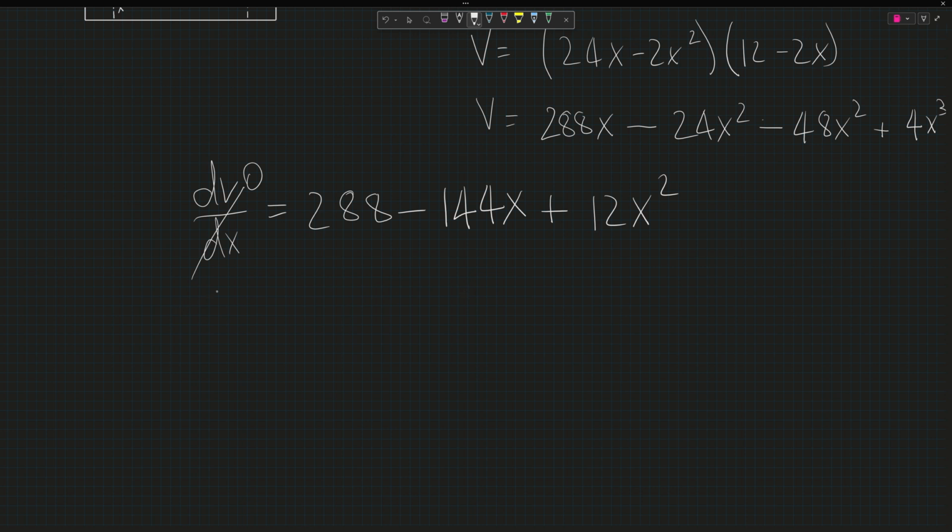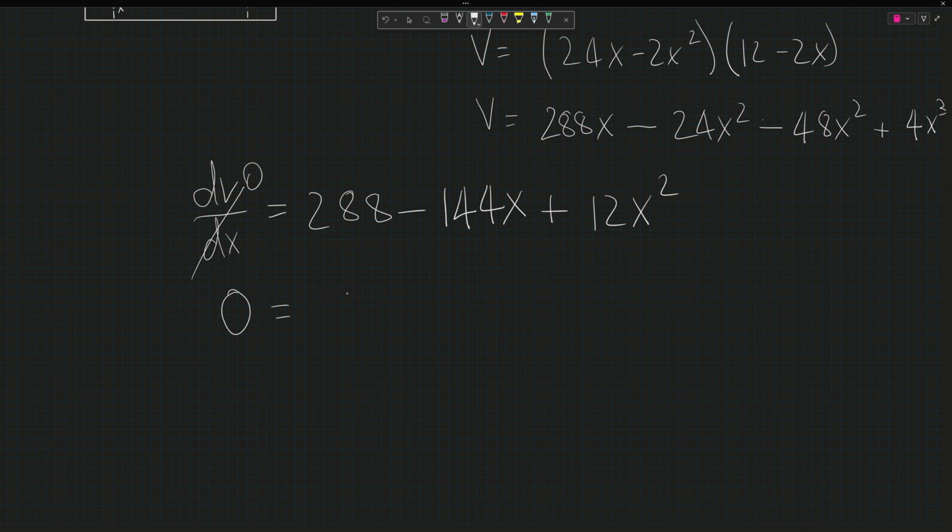And now I want to solve for x when dV over dx is 0. Keep in mind, since it's a quadratic, we're going to get two answers. And I'll show you how to see which one it is, because it's far more complicated than just plugging it into the second derivative, which we're going to do.